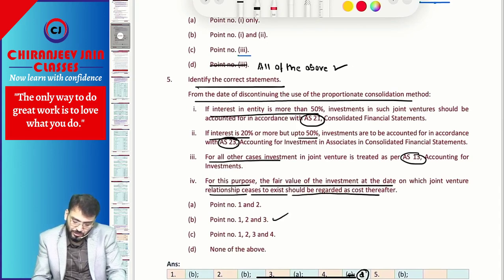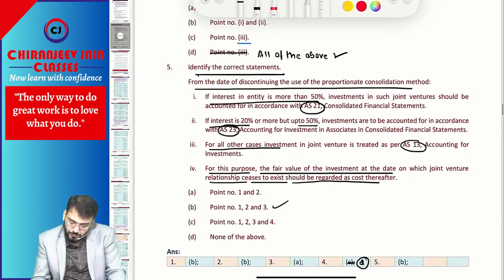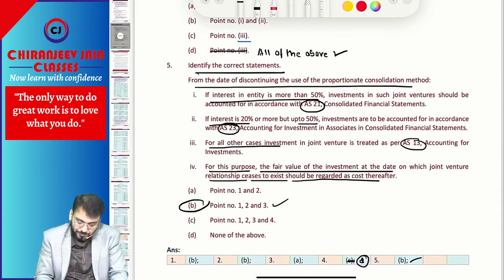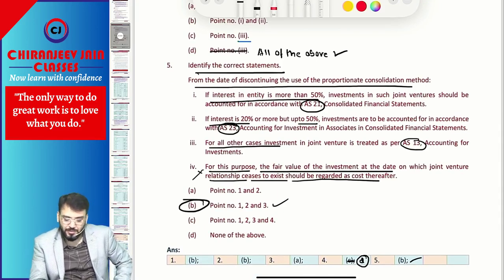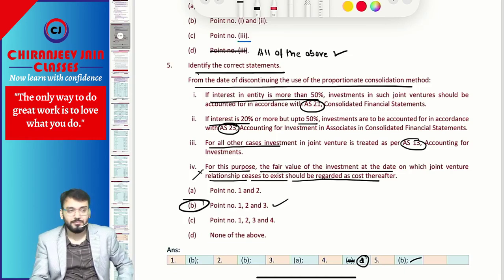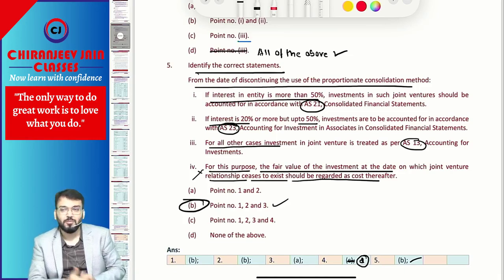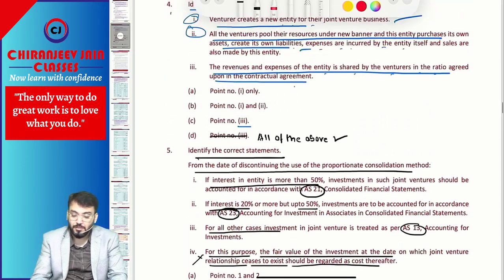Point number 1, 2, 3 is correct. What have they given? B. That's good. 1 is correct. Point number 1, 2, 3 is correct. This is not correct because we have not done this point. So 1, 2, 3 is correct. Got this point? Yes sir.